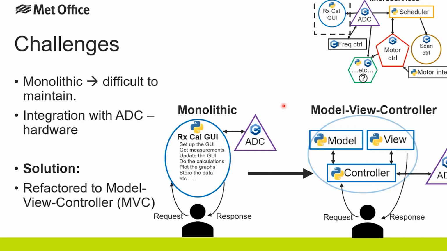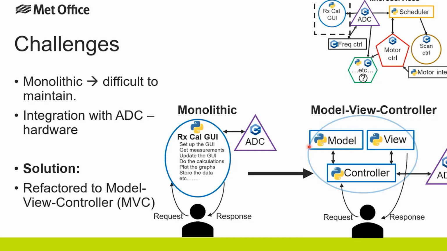So in a similar vein to the microservice approach in Cyclops, I've separated this down into smaller independent parts. So it's now following a model view controller design pattern. This is a design pattern that's quite commonly used in GUIs, and it means that you've got complete separation of the model and the view.